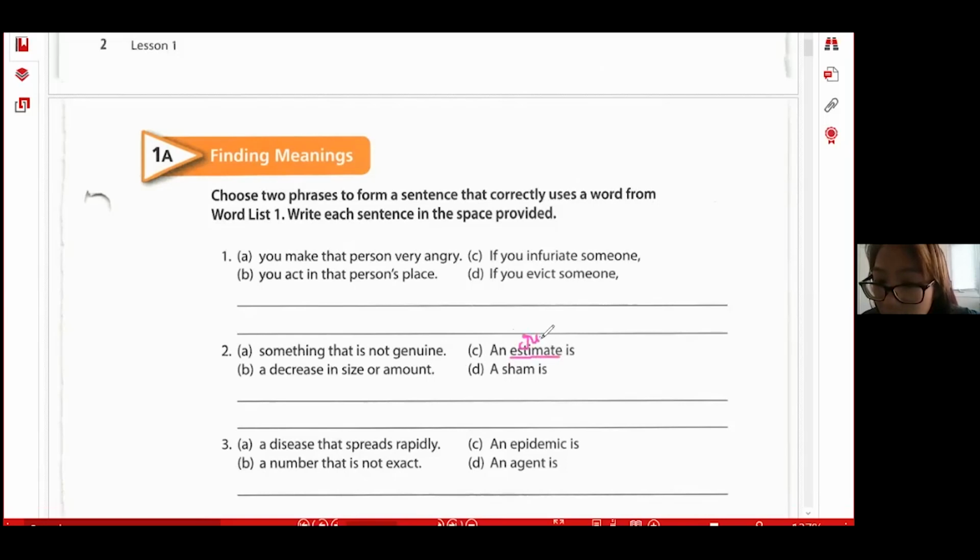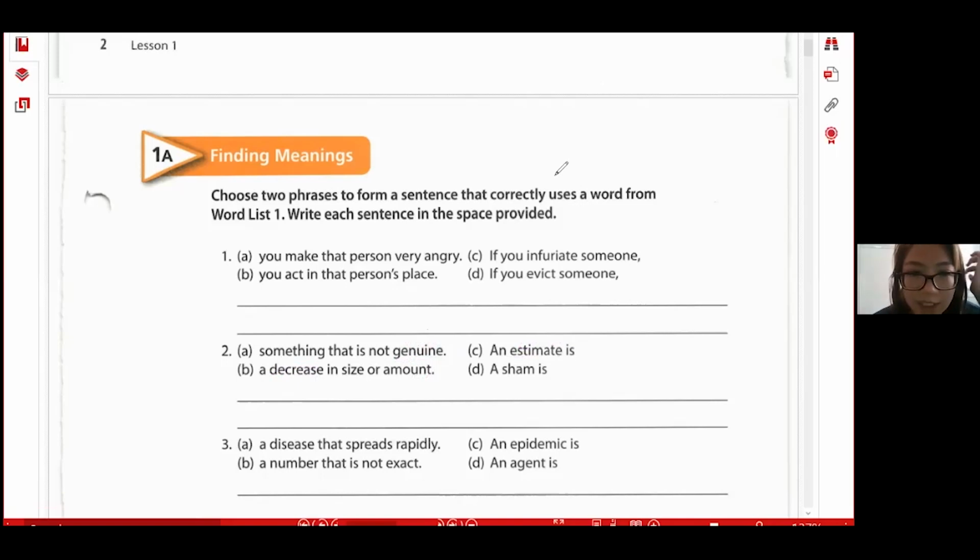A decrease is not guessing. You have to estimate. So this doesn't sound right. But a sham is something that is not genuine. It's not real. Okay, did you understand, Nicole? Yes. Good. Everybody else understood?